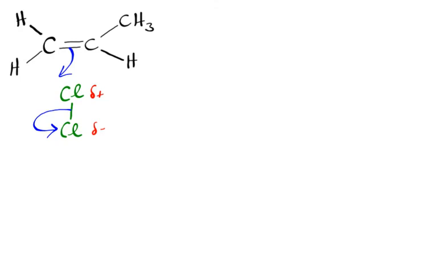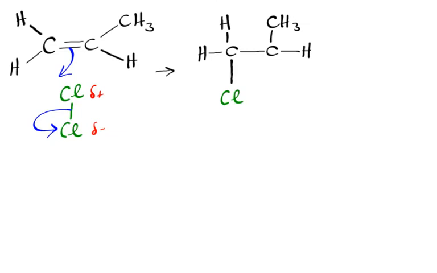So what will this make? So there's our propene molecule. We can see that the double bond has now broken. One of those carbons is now bonded to the chlorine. The other chlorine is now negatively charged, and the carbon is positively charged.